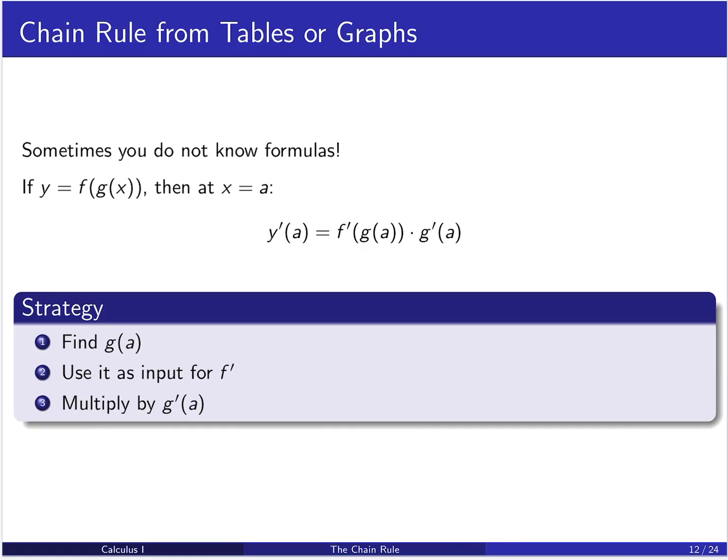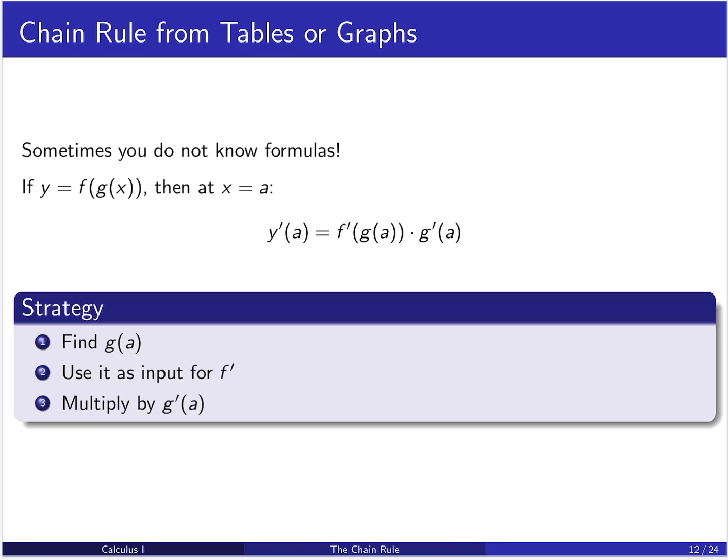So the three-step lookup strategy is here. You find g(a) from the table, use g(a) as the input to find f prime, look up f prime at that value, and the third step is multiply by g prime of a. So the critical realization is f prime is evaluated at g(a), not at a, remember.